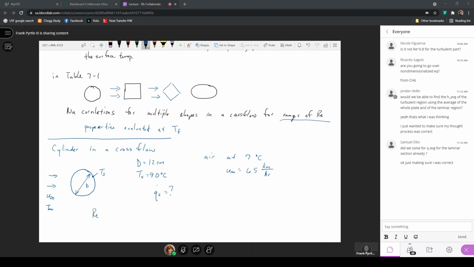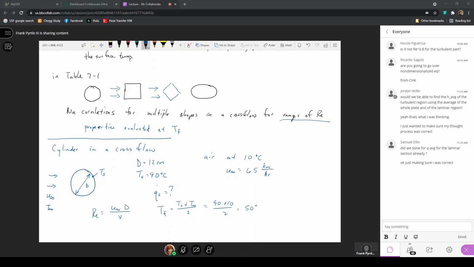The Reynolds number here is the free stream velocity times the diameter divided by the kinematic viscosity. In order to get the kinematic viscosity, we have to find the film temperature, which is just T_s plus T_infinity divided by 2. Actually, let me change this air temperature so I don't have to do any interpolation. Let's just say air at 10 degrees. So it would be 90 plus 10 over 2.